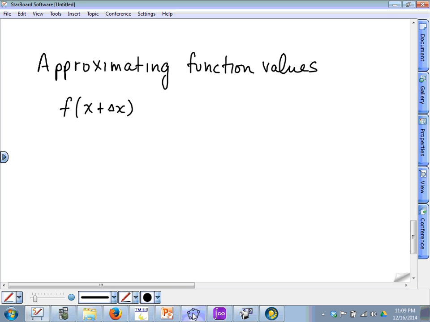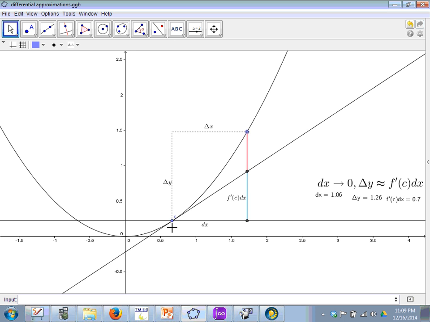Let me go back to this graph we saw right at the beginning. So right where my mouse is right now, this is the x-axis. Okay? And let's say instead of point C, let's just call this x. So from here to here, that vertical distance would just be f of x.